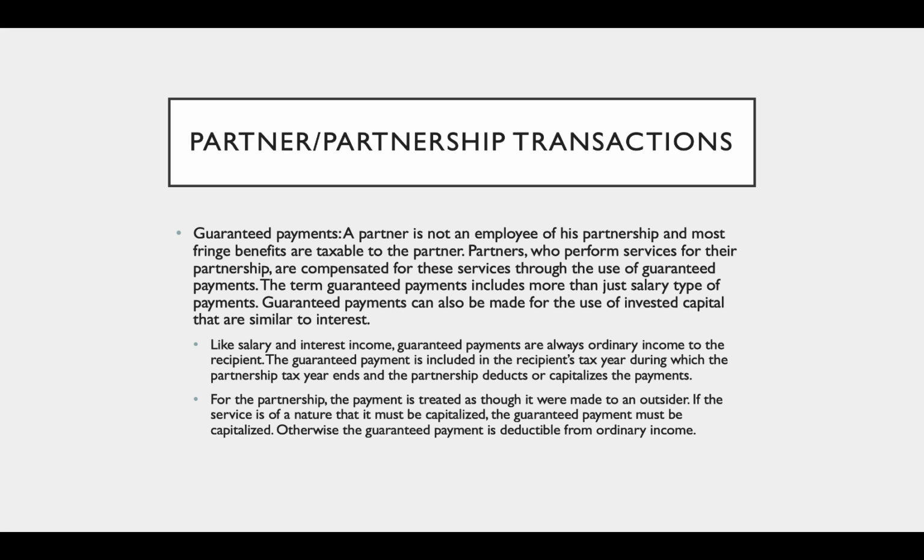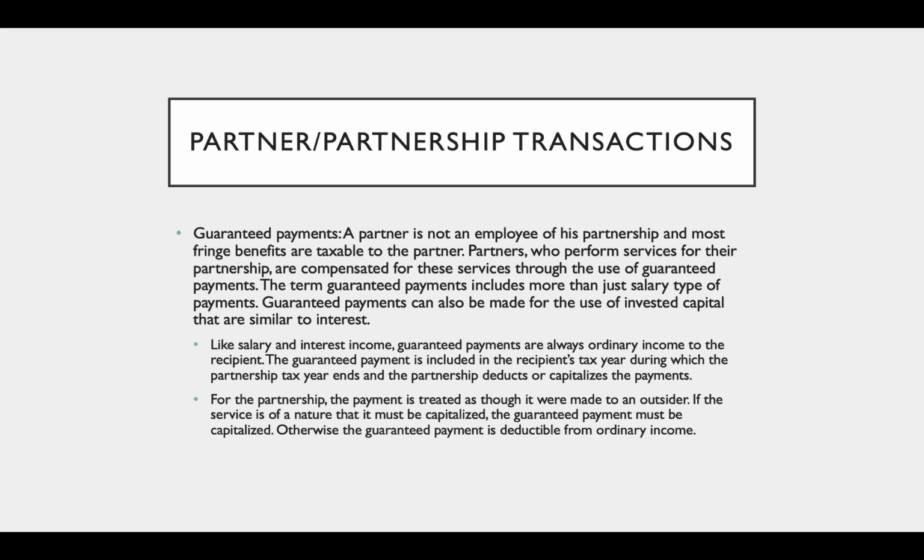Also, guaranteed payments often occur in a partnership. Shareholders can be employees of corporations, but partnerships generally cannot employ their partners. So a partner is not an employee of his partnership, and most fringe benefits are going to be taxable to the partner, where they wouldn't be to a shareholder. Partners who perform services for their partnership are compensated for these through the use of guaranteed payments. They include more than just salary.